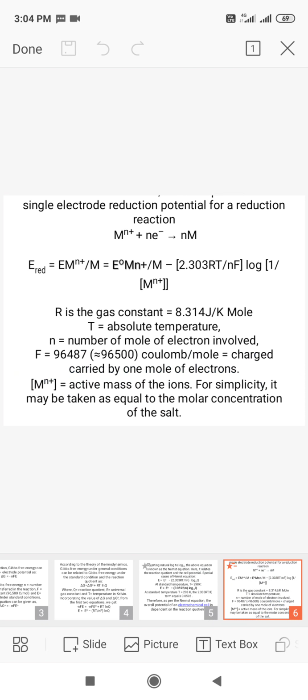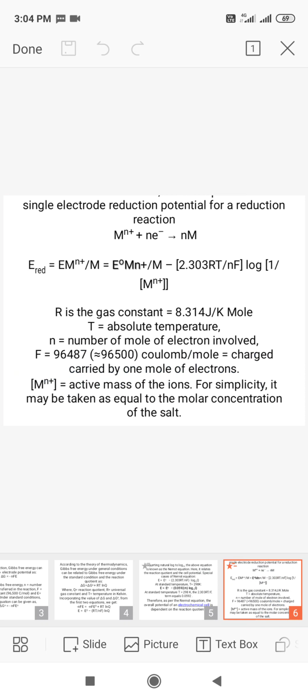For this reduction reaction, we are using the Nernst equation, that is, EMF of the reduction reaction equals E naught of reduction of that metal minus 2.303 RT divided by nF log of 1 by the concentration of metal ions of valency n.